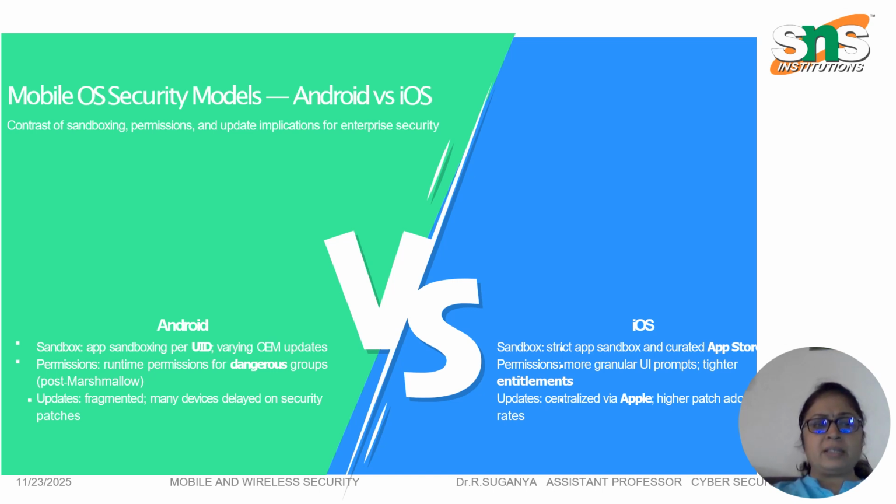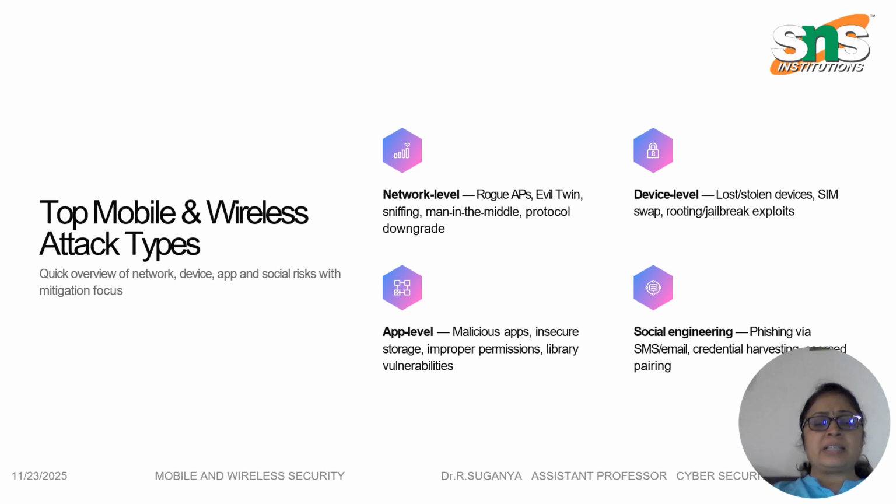Next are the top mobile and wireless attack types: network level, device level, app level and social engineering level. In network level, there are evil twins, sniffing, man-in-the-middle attacks and protocol downgrade. In device level, there are SIM swap, rooting or jailbreak exploits.